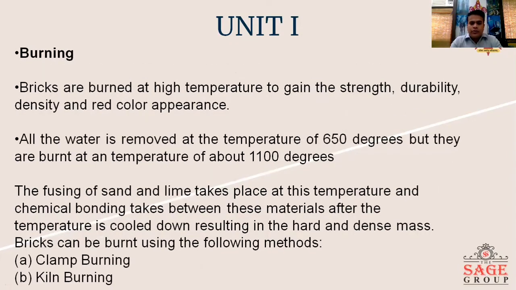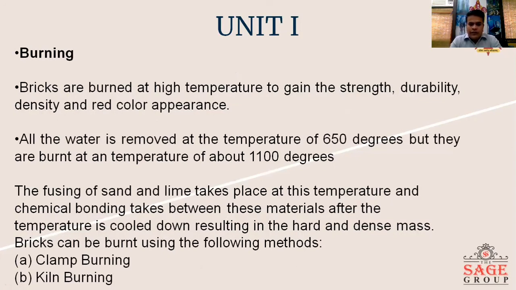After that, the burning process comes, which is conducted at a higher temperature to gain strength, durability, density, and red color appearance. The brick is burned until it gets a cherry red color. The temperature is about 650 to 1100 degrees Celsius to achieve the red color of the brick.